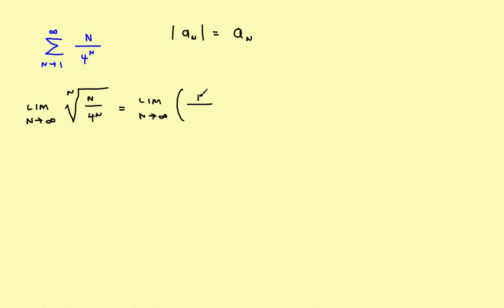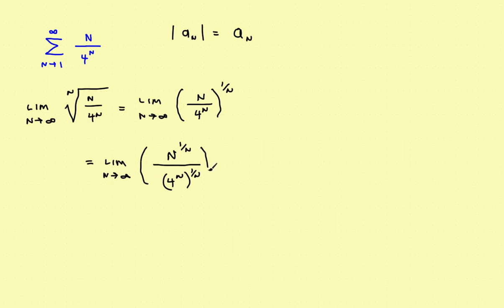So this would be n over 4 to the n, all raised to the 1 over n power. So what that's going to give you, now, we'll individually raise the numerator and denominator to that power. So this is going to be equal to, first of all, the numerator raised to that power, then you've got the denominator raised to that power.